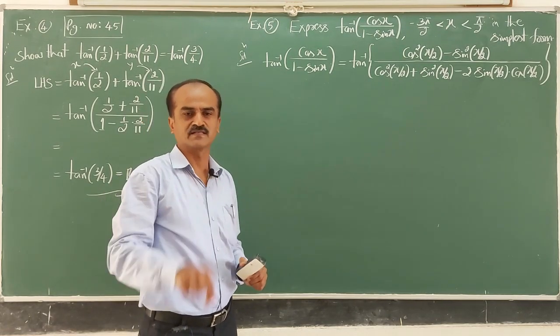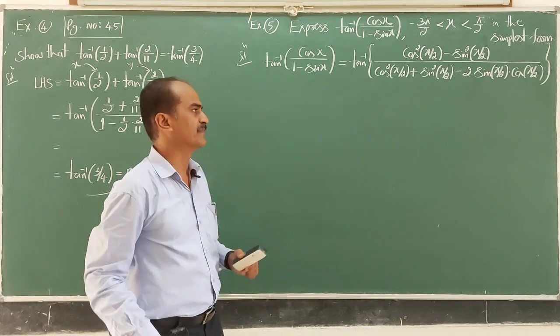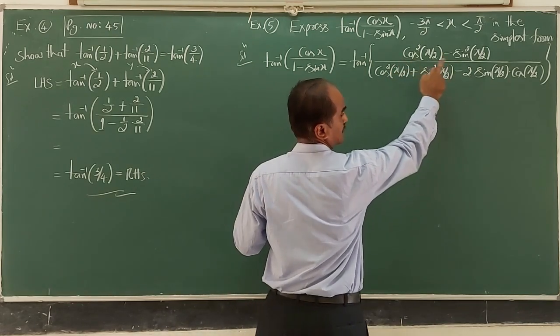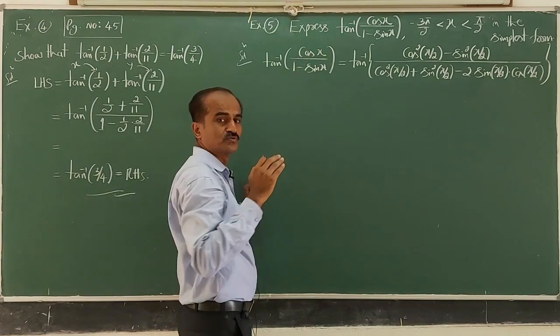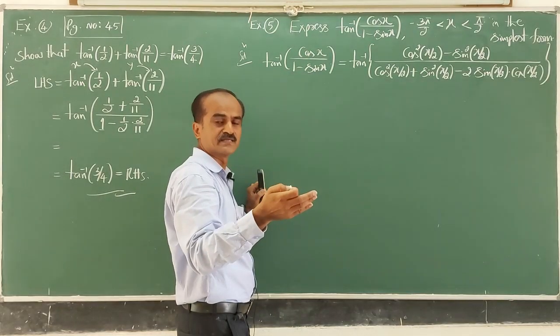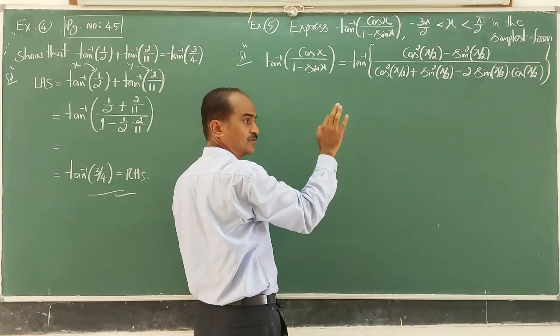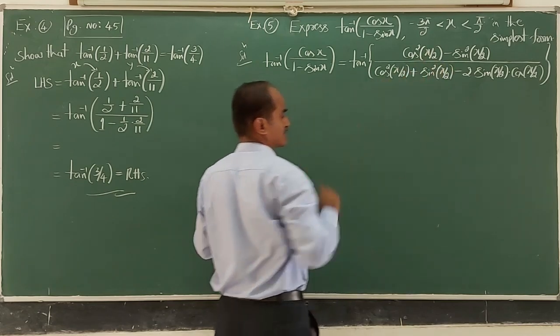A square minus b square now. So I can write a plus b into a minus b. I hope you followed this step. We applied half angle formulae. Cos 2 theta, cos square theta minus sin square theta. It is cos x now, not 2x. So half angle formula becomes cos square x by 2 minus sin square x by 2.